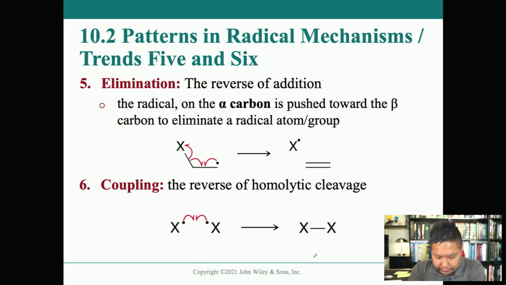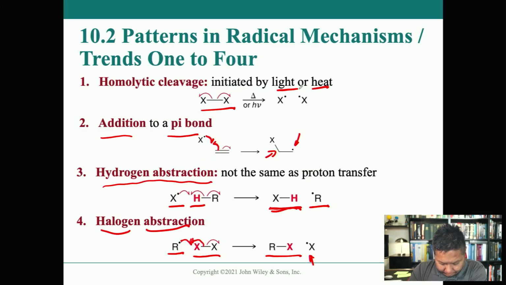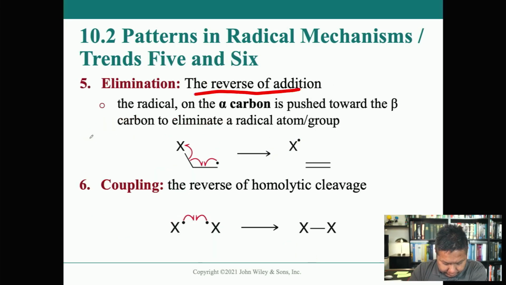Number 5, you can do an elimination, which again is the reverse of an addition, right? Where before we were adding to a double bond, right? In number 2 here, right? Pattern number 2. Now we're doing the reverse, okay? Where we had the halide attached to the carbon as an alkyl halide radical, right?